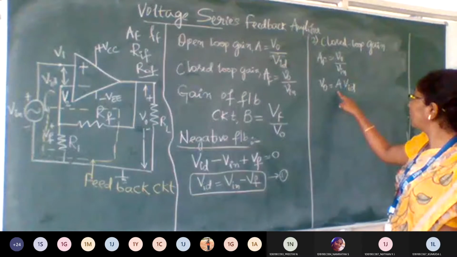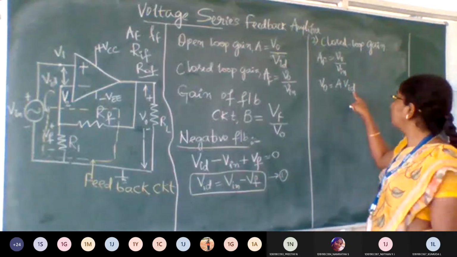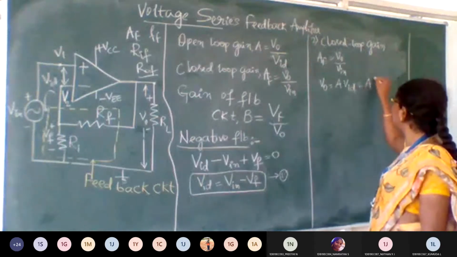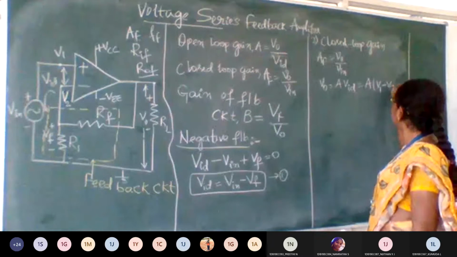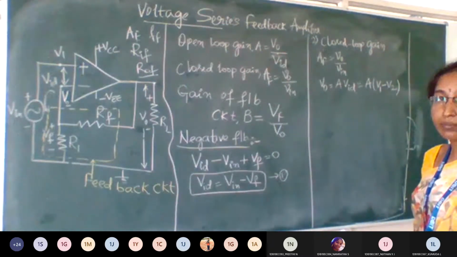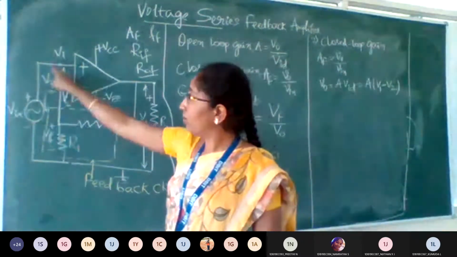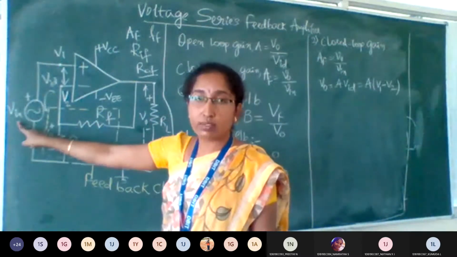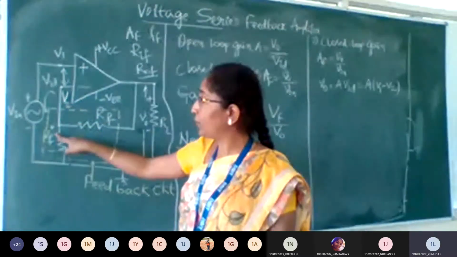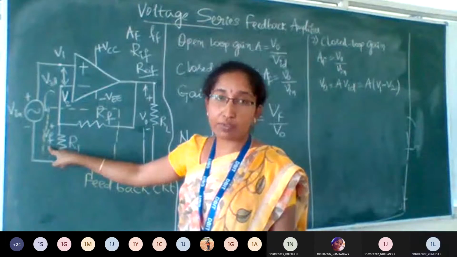So our V0 is equal to A times VID. So what is VID? Difference in input voltage. So what is the difference in input voltage? A into V1 minus V2. Now what is V1 here in the circuit? V1 is Vin. What is V2? What is the voltage you are giving to V2? Yes, Vf.